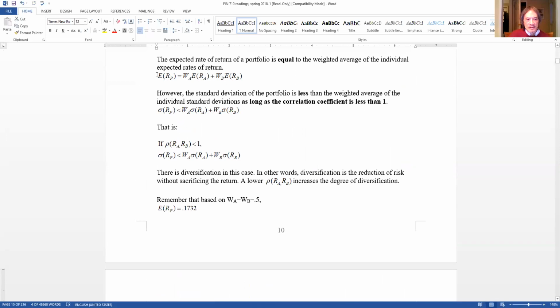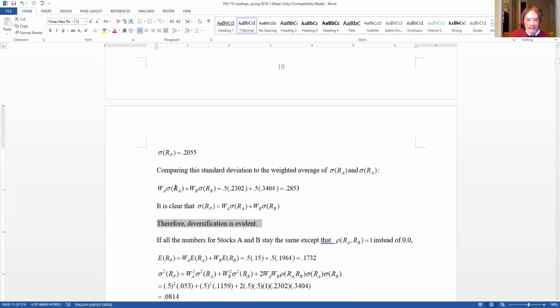The return is not less than the weighted average, the return is equal to the weighted average. So there's no special advantage there, it's just fair, right? But the risk is less than the weighted average. So there's a special advantage here in terms of the risk. Therefore, diversification benefit exists.